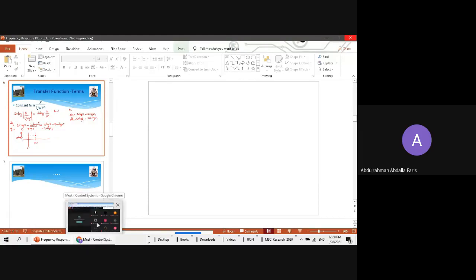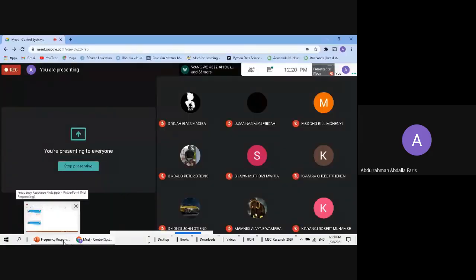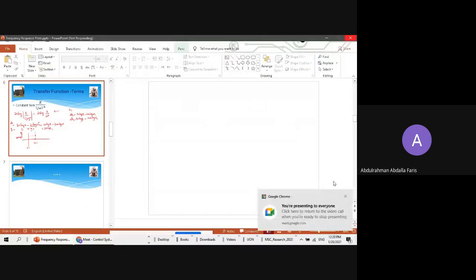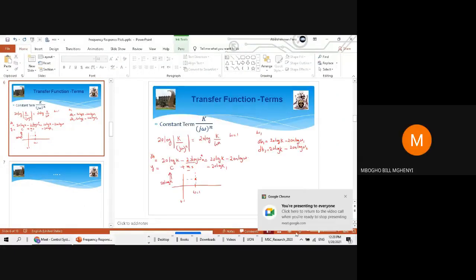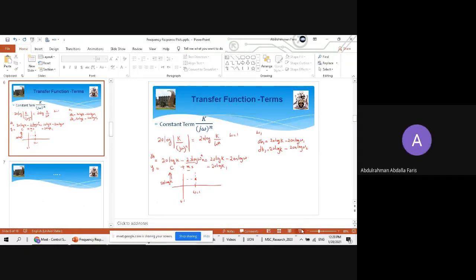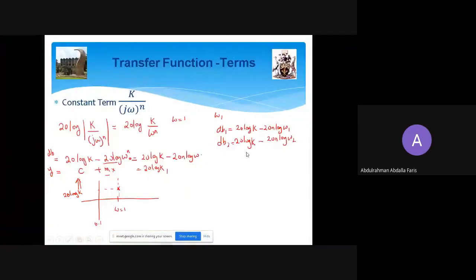Guys, are you with me? Yes. Okay. So if we have omega 1, then dB1 is equal to 20 log k minus 20n log omega 1, and dB2 will be like that.